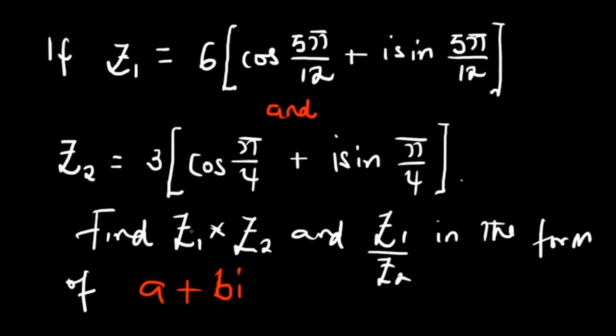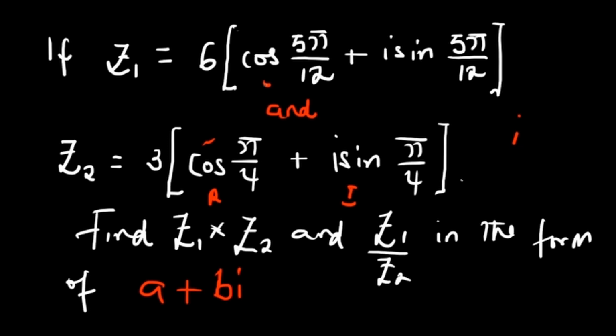Every complex number has two parts. The real part, and then the imaginary part. Any part that carries i is classified as the imaginary part, and every part that does not carry an i is the real part.